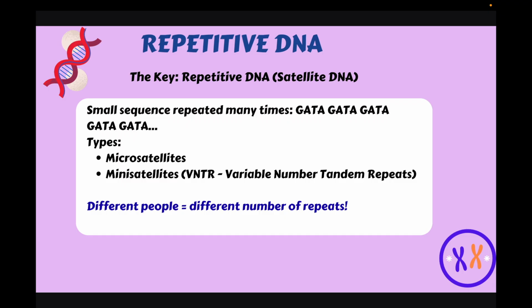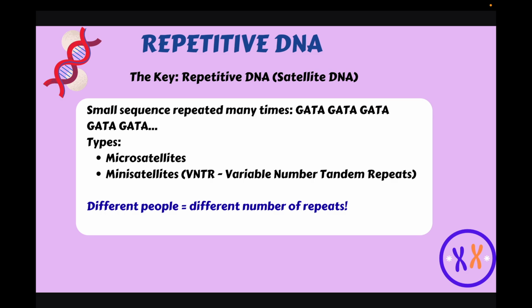The secret of DNA fingerprinting is repetitive DNA, regions where a small sequence repeats over and over, like the sequence GATA. It is repeated hundreds of times. These are called satellite DNA or variable number of tandem repeats, or VNTR in short.